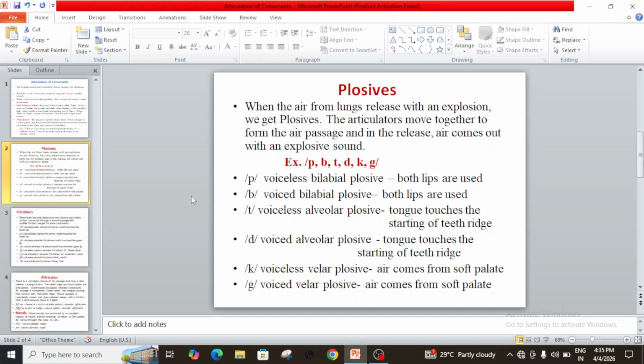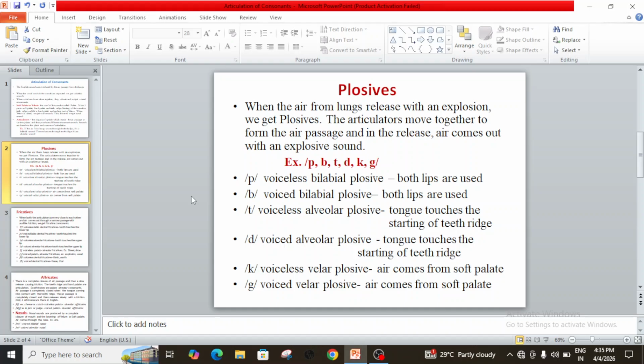Here the articulators move together to form the air passage, and on release, air comes out with an explosive sound.